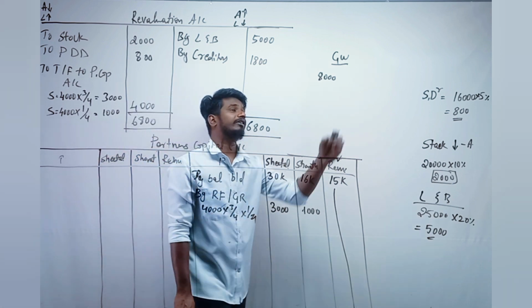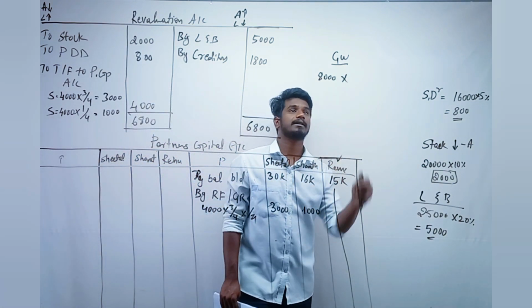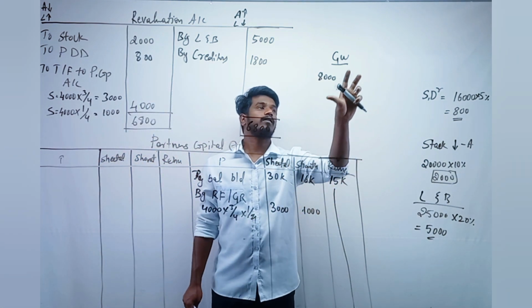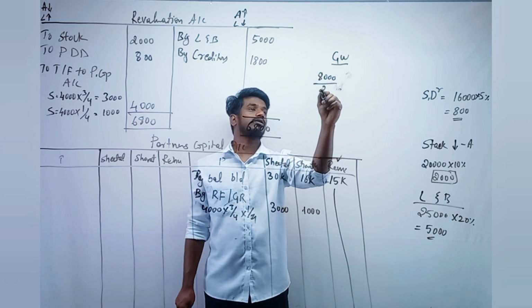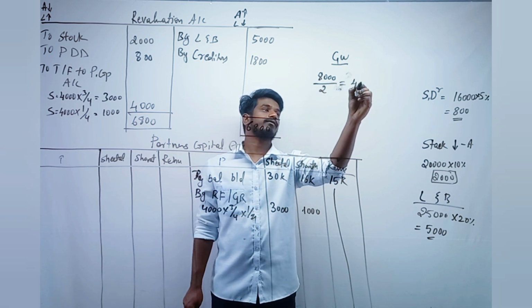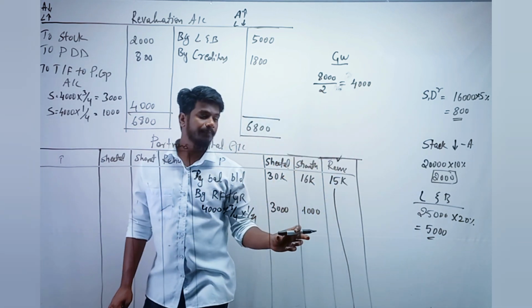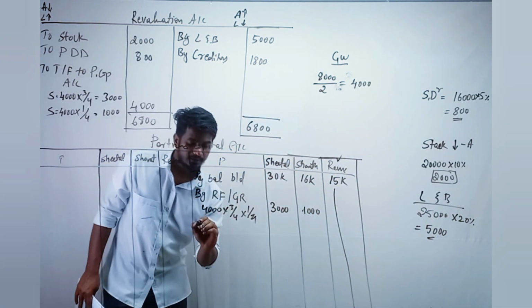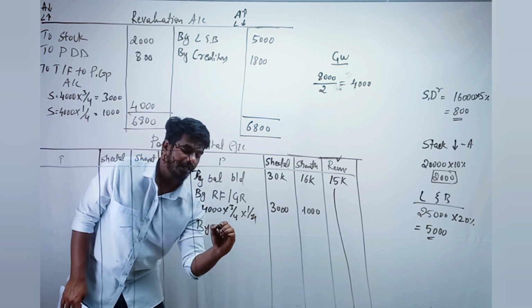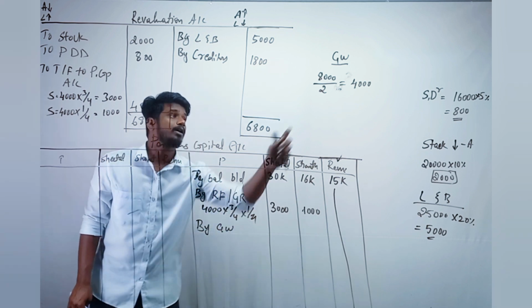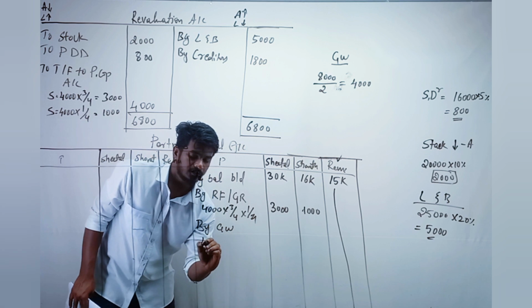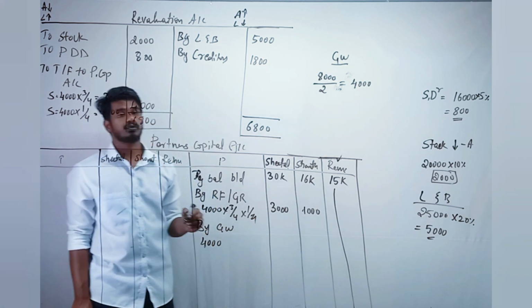So how will we record it? Half of the goodwill means half of 8,000, which is 4,000. That 4,000 must be shared by Sheetal and Sharad. So half goodwill is 4,000.